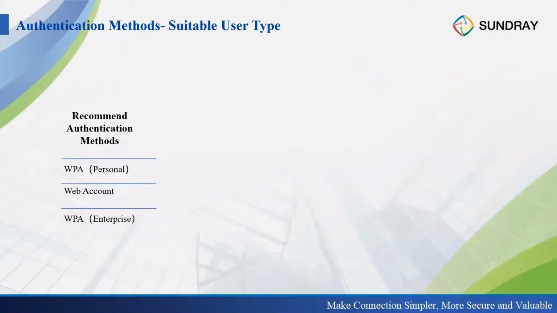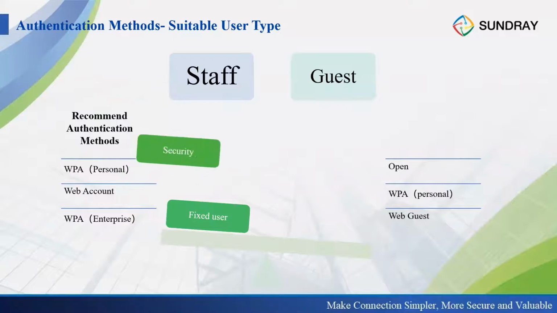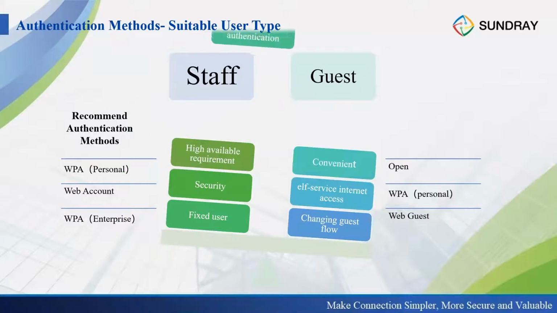So now let's see the recommendation for the different types of users. Here we just have two types: one for staff, one for the guest. For staff, the recommended authentication methods are WPA personal, a web account, and WPA enterprise.